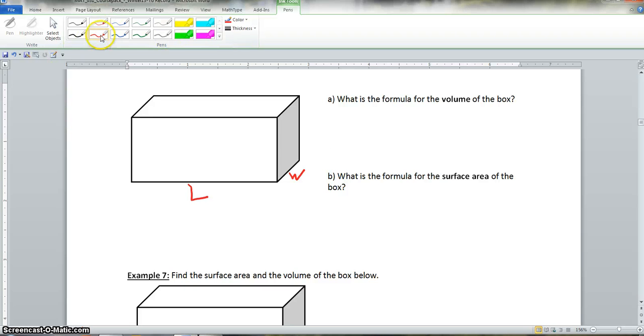So this will give us a capital H. And this is our height, this is our length, and this is our width.